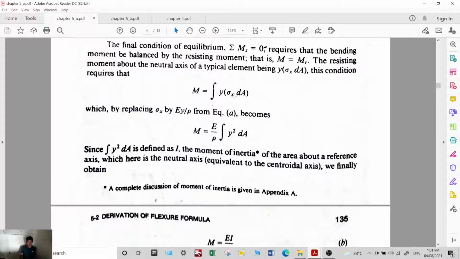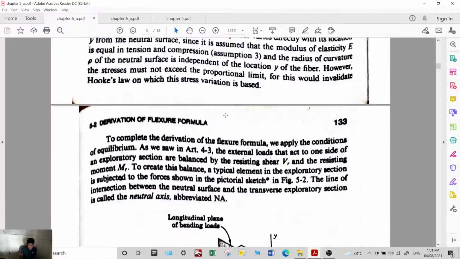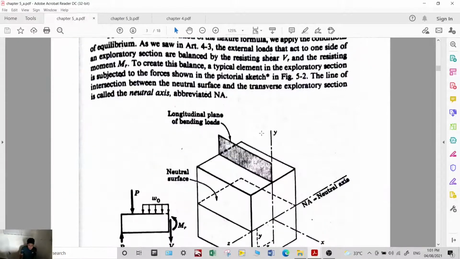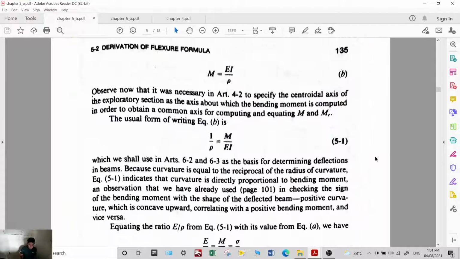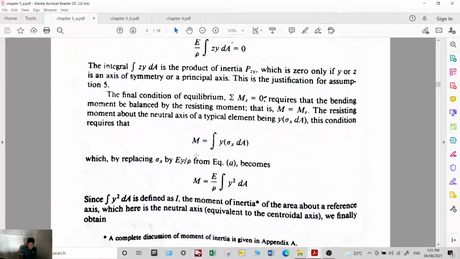Therefore, if we replace this sigma x by the previous equation, Ey over rho, okay, replace it by Ey over rho, we can take E over rho out and have the integral of y squared dA. This equation is defined as the moment of inertia.